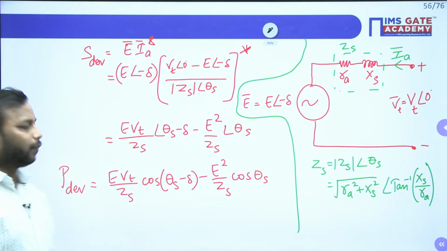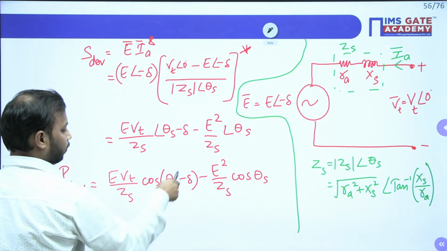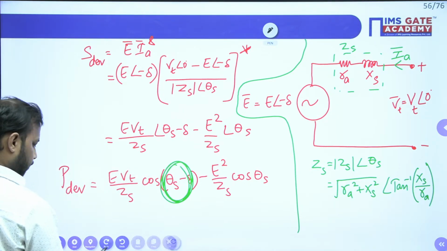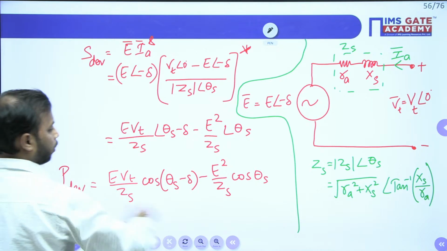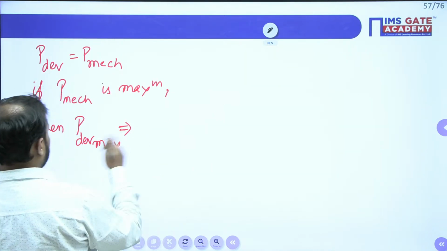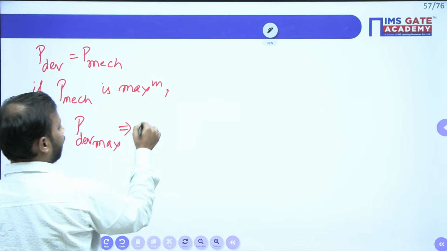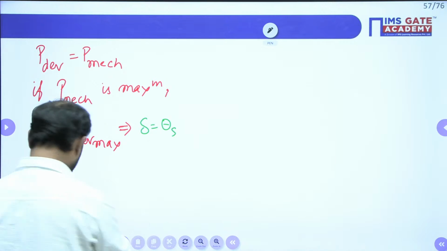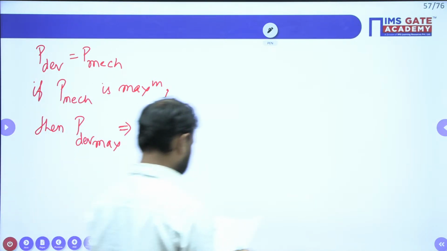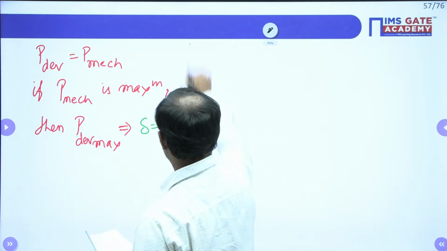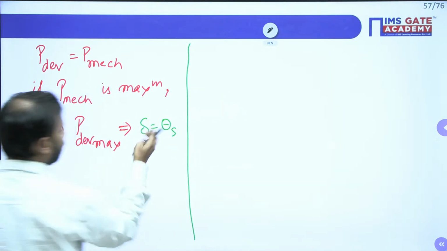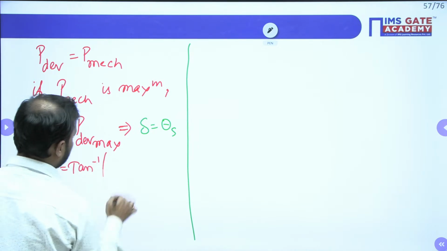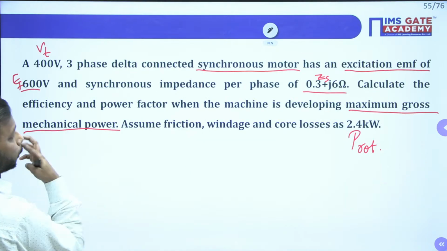So this will be 1 when this angle is 0. Done. So P develop is maximum, which implies your del is equal to theta s. Okay, so theta s is what? Theta s is the angle of the impedance, which is given in the question.